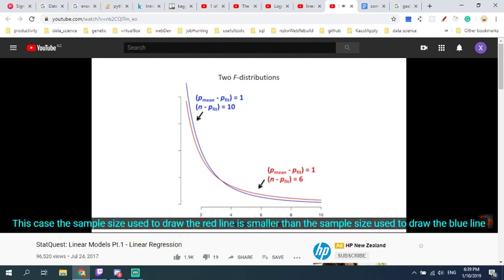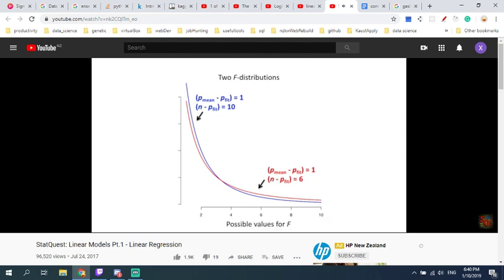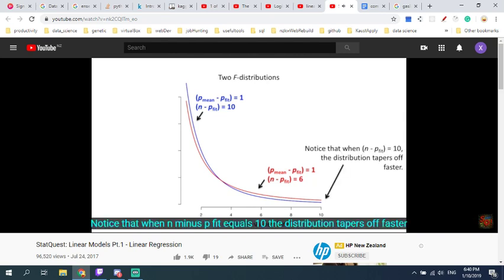In this case, the sample size used to draw the red line is smaller than the sample size used to draw the blue line. Notice that when n minus p fit equals 10, the distribution tapers off faster.